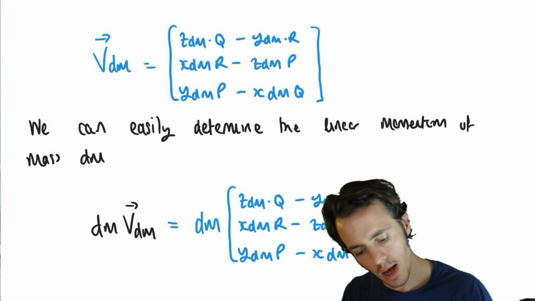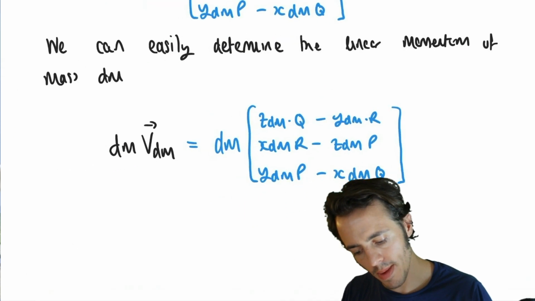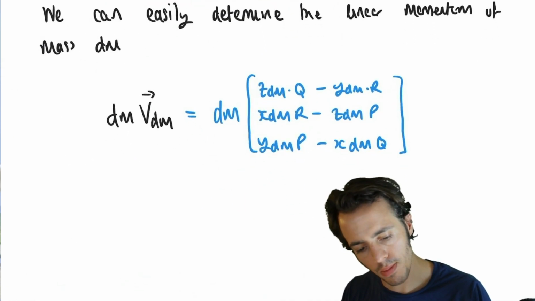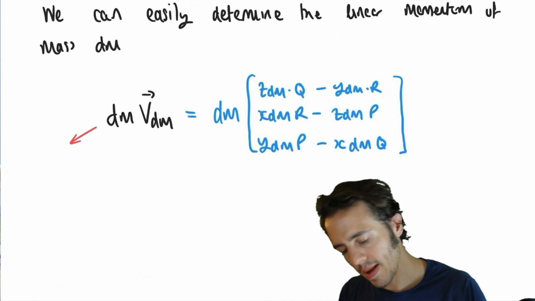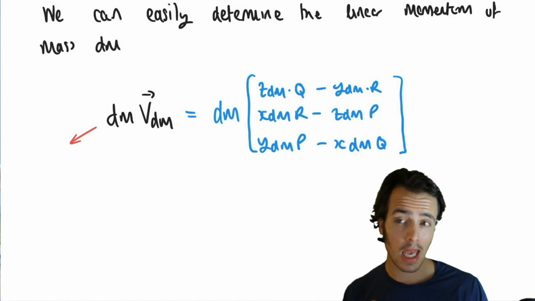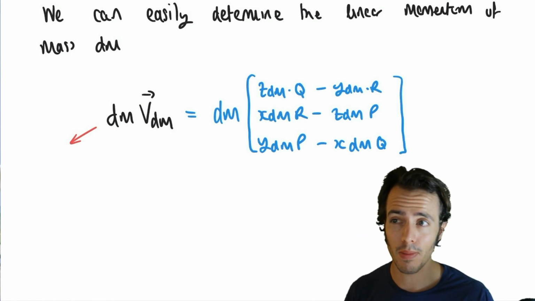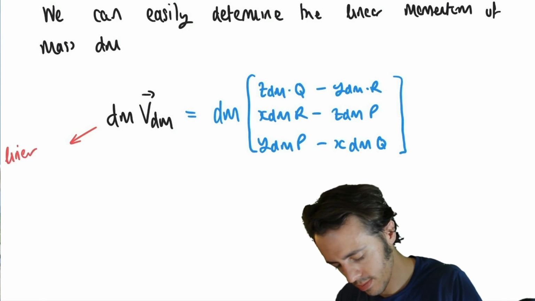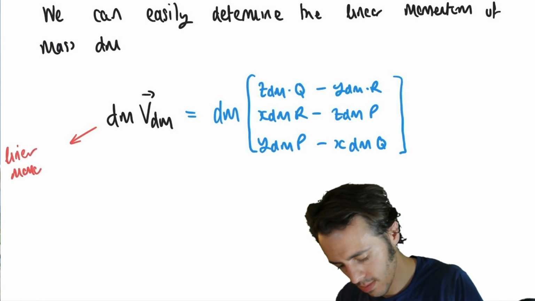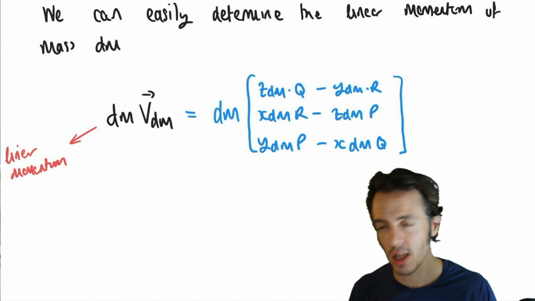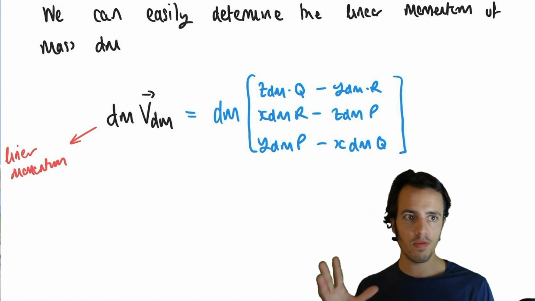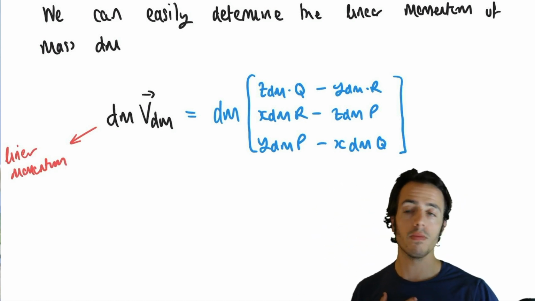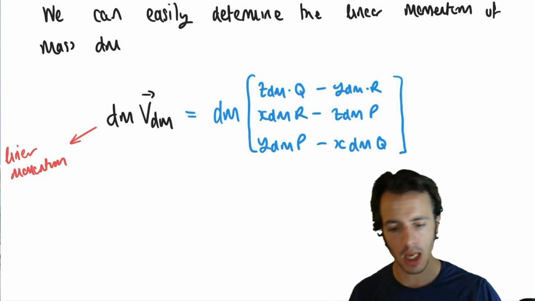The reason why I'm calling linear momentum dm v dm is because linear momentum sometimes has the symbol p. We're not going to use that because that will cause confusion with the roll rates. And we're not actually using it in the final equations of motion, we're just using it to work out what the angular momentum is anyway.